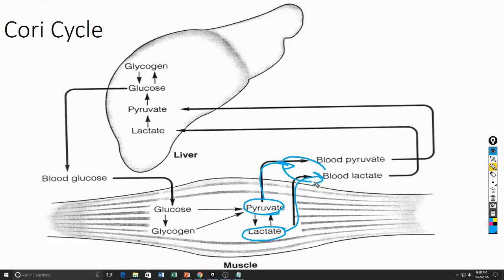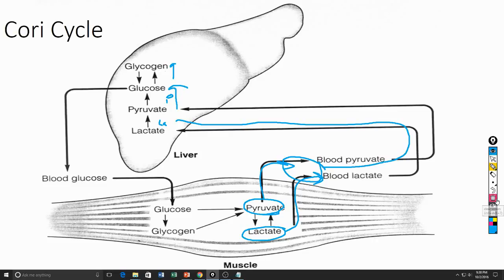When these guys hit the liver, either as lactic acid, lactate, or pyruvate, they can be reconverted back to glucose or even stored as glycogen. This is one of the ways that your body tries to maintain glucose in the blood, because blood glucose is exceptionally important to maintain in order for you to have healthy living and performance.